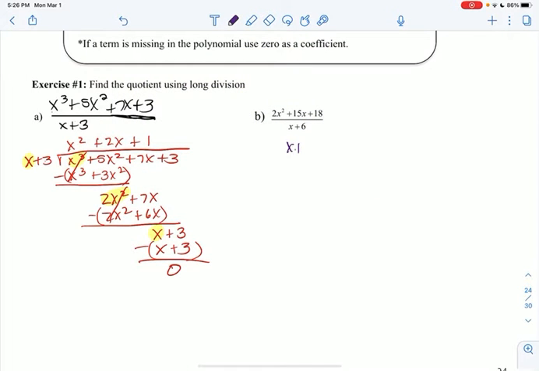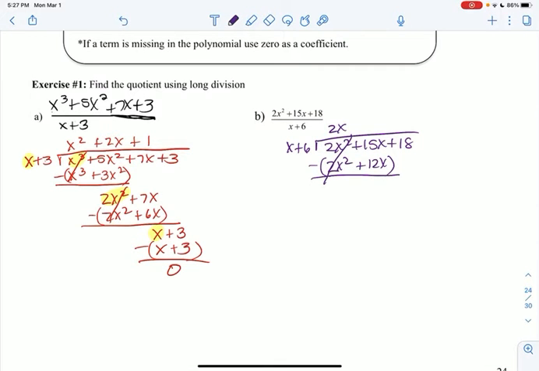So x plus 6 goes into 2x squared plus 15x plus 18. x goes into 2x squared, 2x times, because 2x times x is 2x squared. 6 times 2x is 12x. I'm subtracting that. So these cancel. 15x minus 12x is 3x.